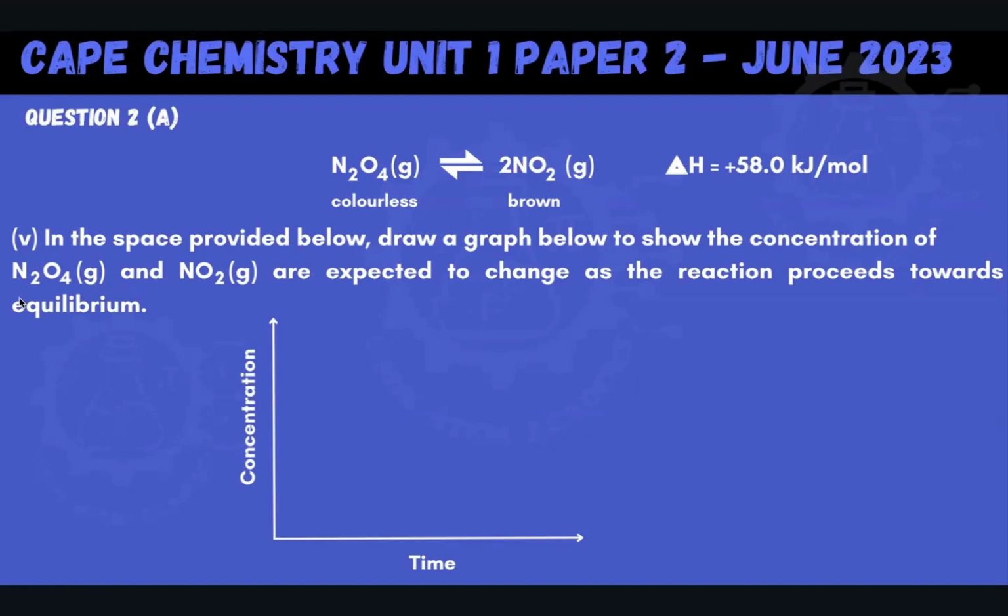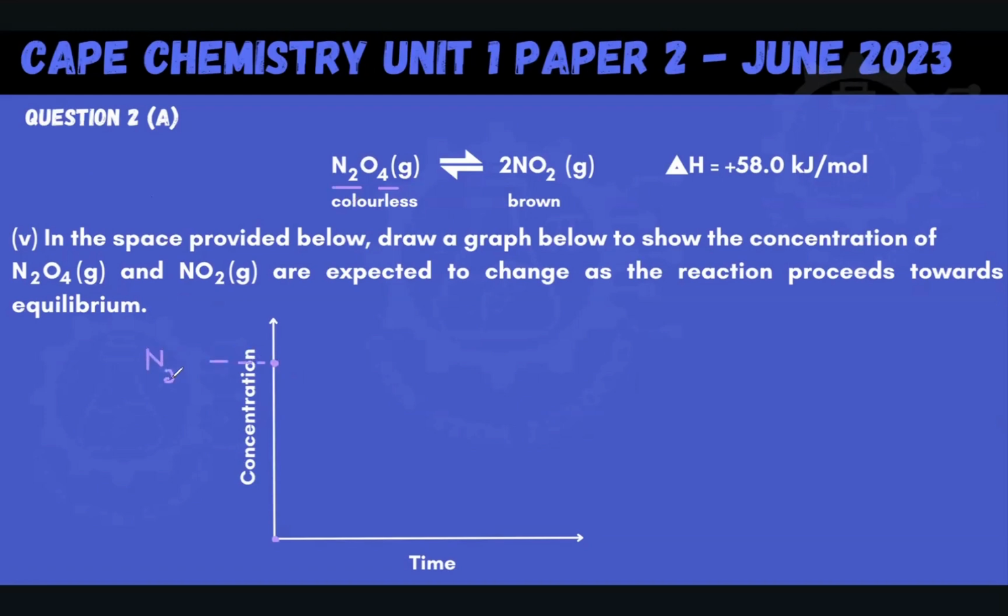Initially, the question told us that all we had was N2O4. And so at time equals 0, all I'll have up there is my N2O4 rather.